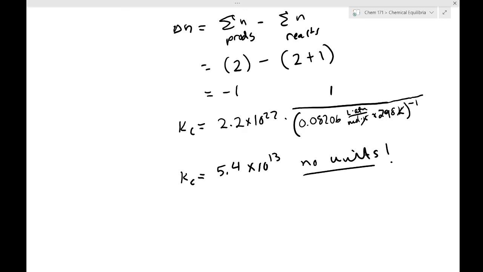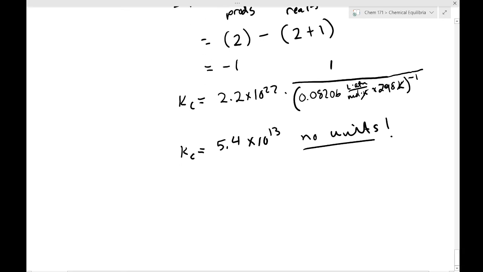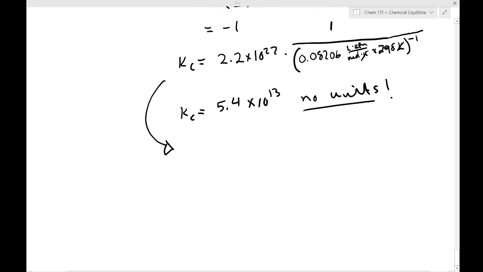But just remember, anytime you use this relationship between Kp and Kc, P is always in atmospheres, volume always in liters, and n always in moles.